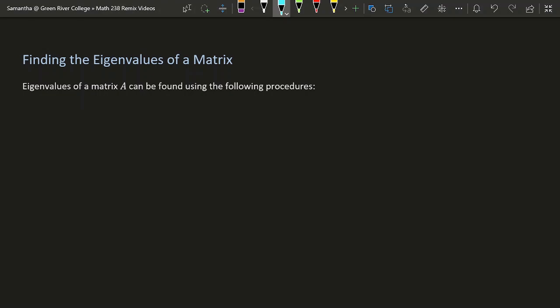If you have a matrix A, if you want to find its eigenvalues, you can use the following procedure. The first thing that you want to do is subtract an unknown number, let's just call it lambda, that's traditional, from both of the entries on the main diagonal.